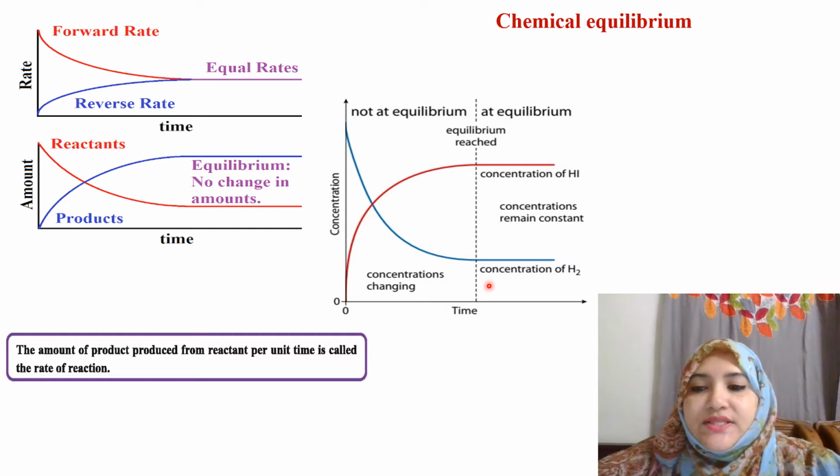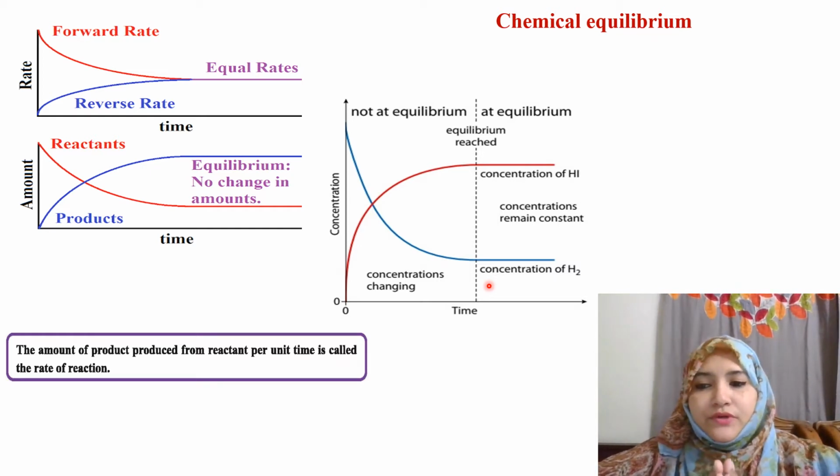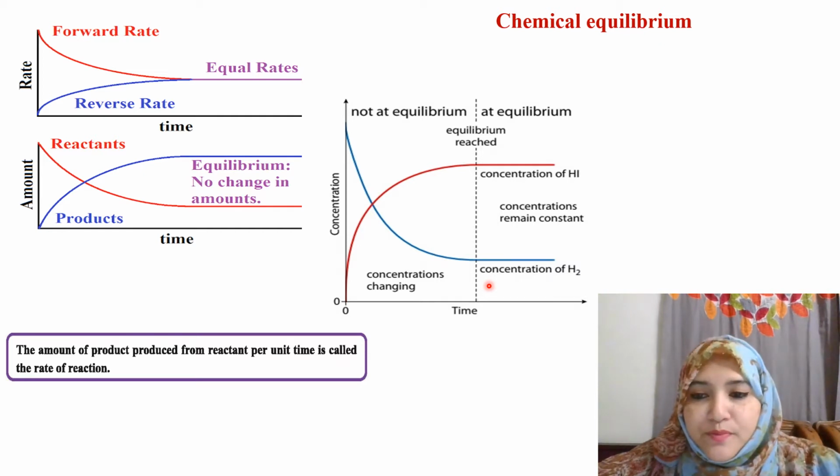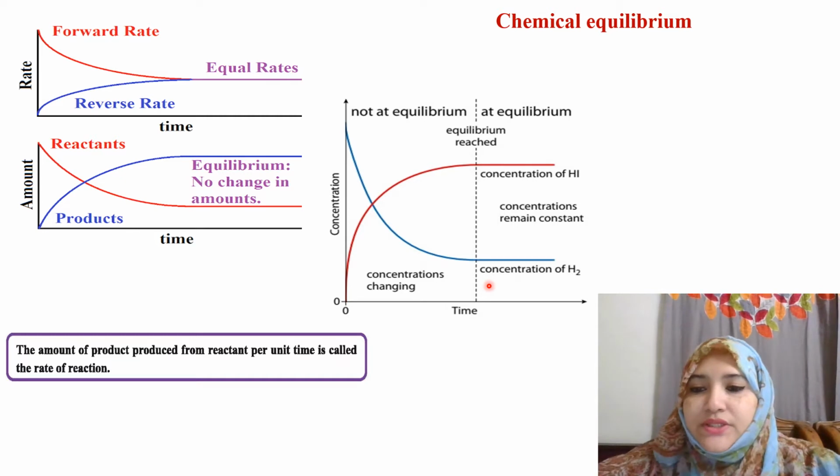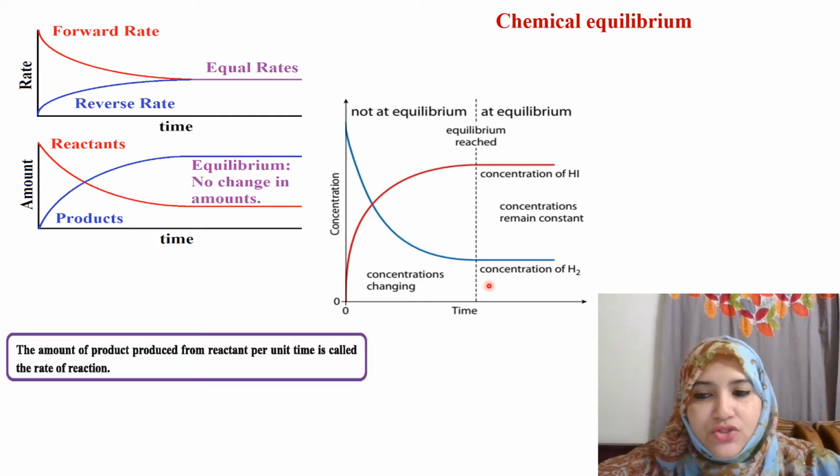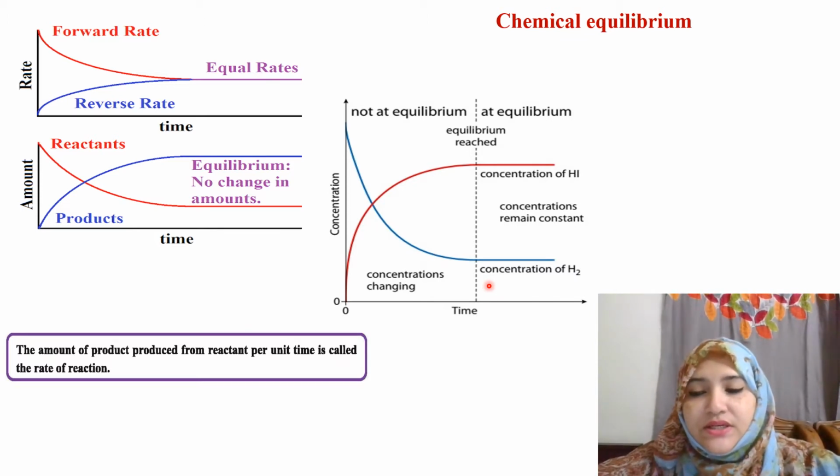That means the forward reaction rate and the backward decomposition rate are the same. So there are no observable changes, although both the forward and reverse reactions are occurring.